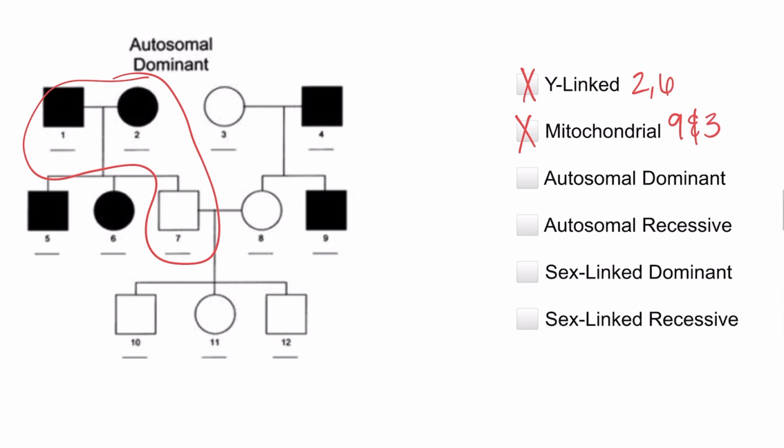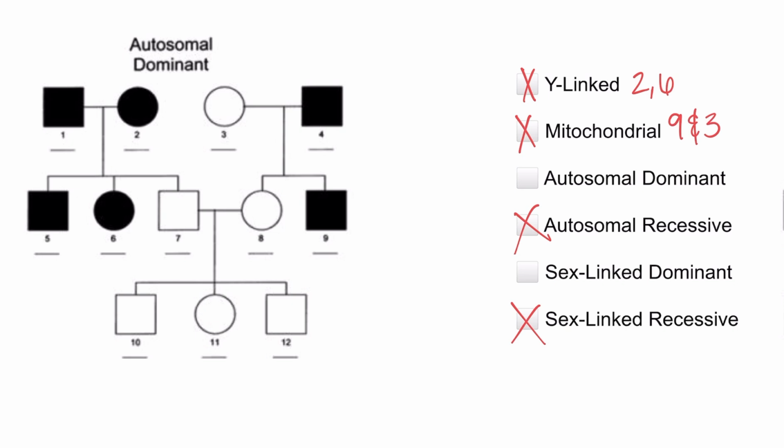We know that it can't be recessive because if it was recessive, then both parents would be homozygous recessive, and they could only pass on gametes that were recessive. The fact that number 7 does not express the trait means that that cannot be the case. So we can mark off this, and we can mark off this.